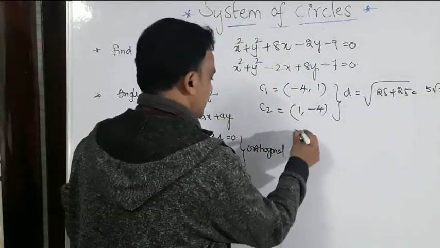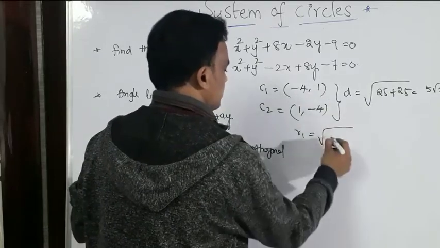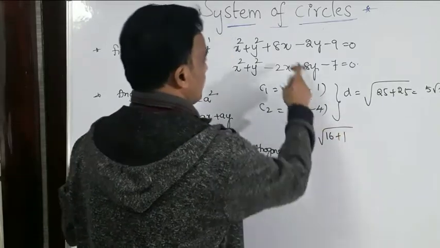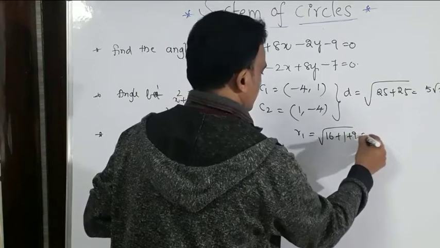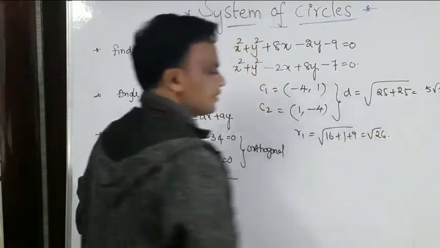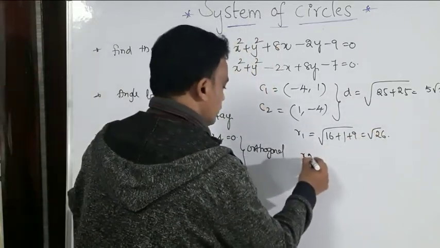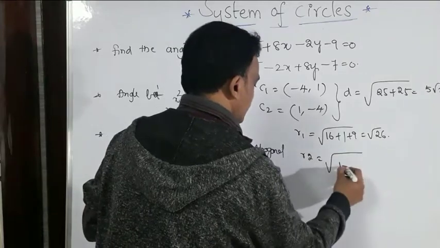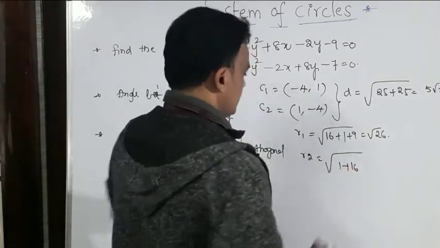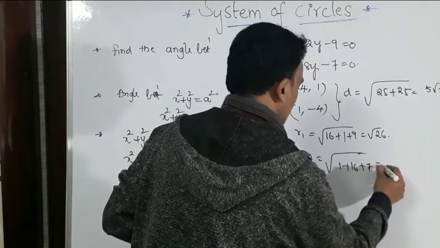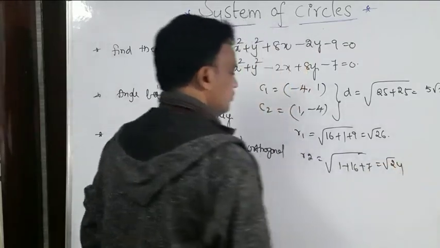Okay. Yes, what is r1? Radius of the first circle is the square root of g square plus f square minus c, which is 16 plus 1 plus 9, which is root 26. Then r2, radius of the second circle: 1 plus 16 plus 7, it is root 24.